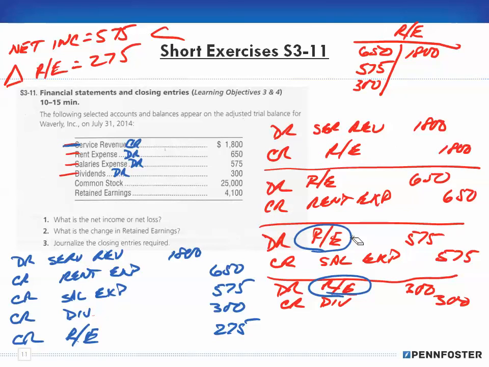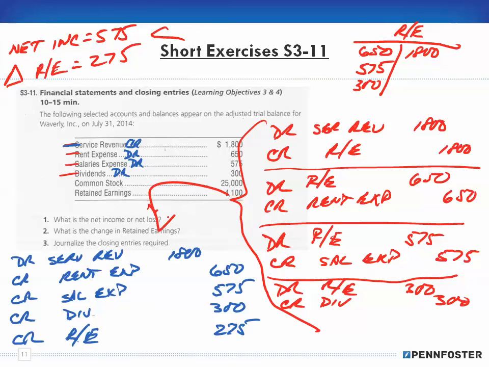So there's nothing wrong with doing it this way, because the net effect is going to be exactly the same, as we see by that journal entry right there. And the effect on the retained earnings account is still going to be the same, where you're going to have an additional credit of $275.